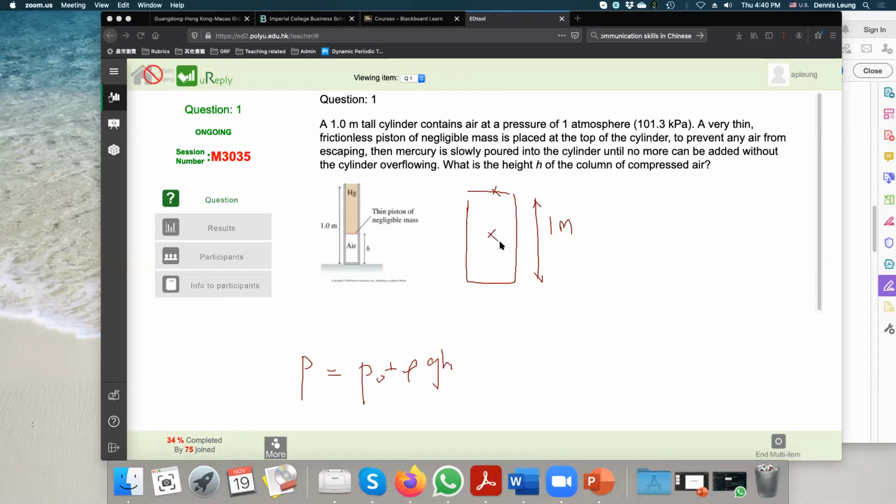So the pressure would be the same as the atmospheric pressure. The pressure is 1 atmospheric value, which is given to you here.